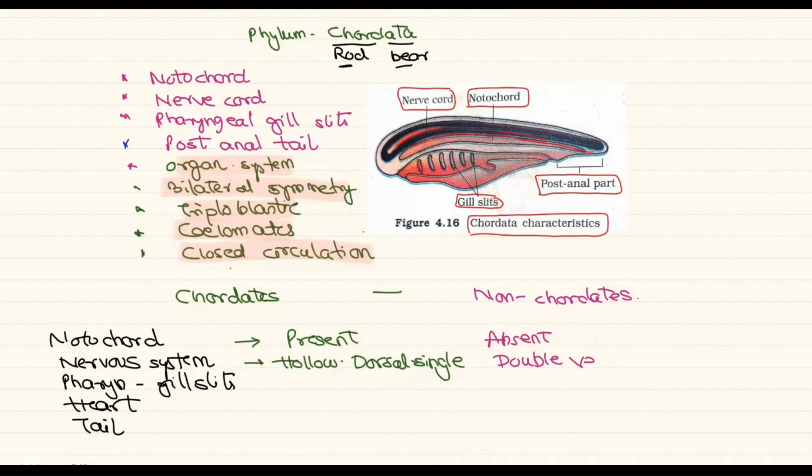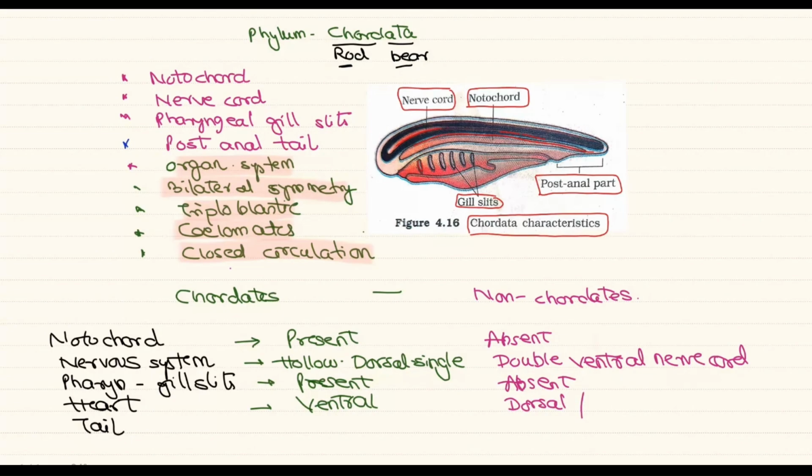ventral nerve cord. In the chordates, the pharyngeal gill slits are present. On either side of the pharynx, you can see the gill slits, which help in respiration. These structures are absent in the non-chordates. Heart is present on the ventral side in the chordates, whereas heart is present on the dorsal side in the case of non-chordates.